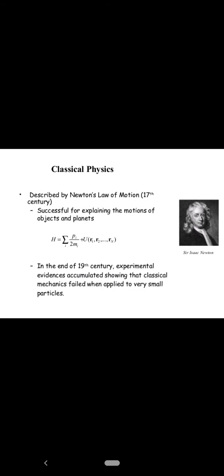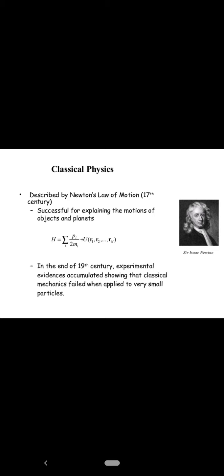Classical physics is basically described by Newton's laws of motion, and it is successful in explaining the motions of objects and planets. The equation written here is a famous equation of classical mechanics. At the end of the 19th century, experimental evidence accumulated showing that classical mechanics failed when applied to very small particles.